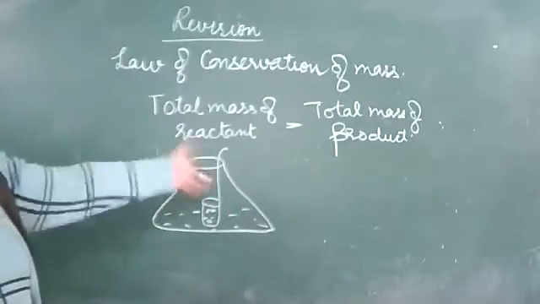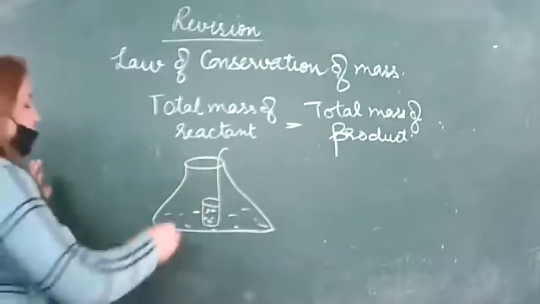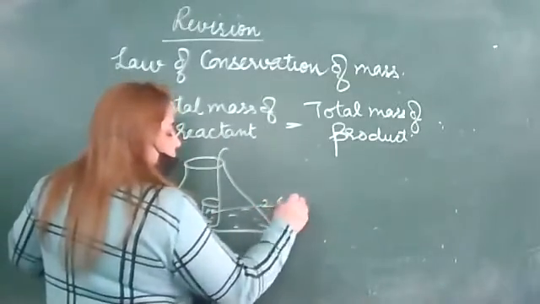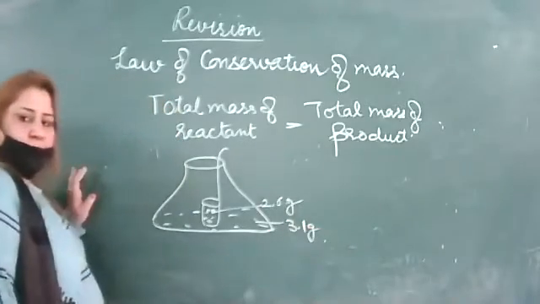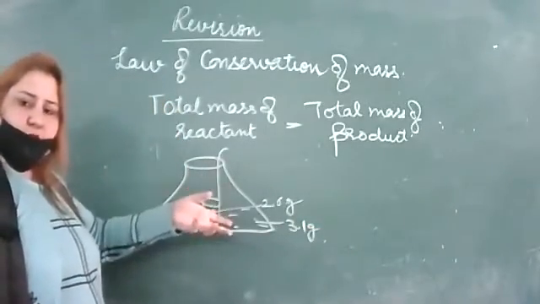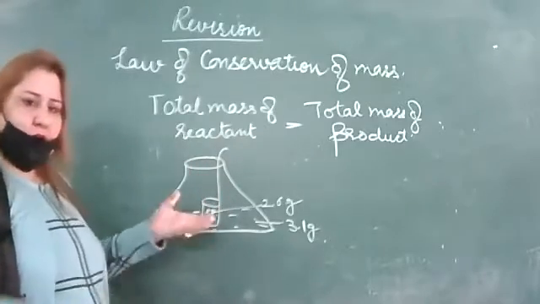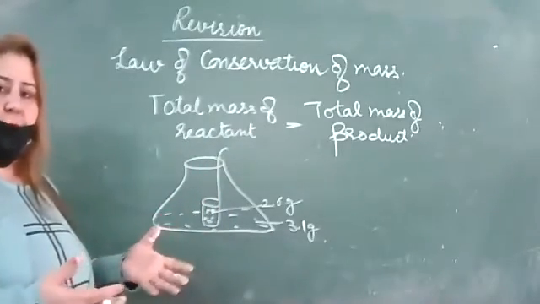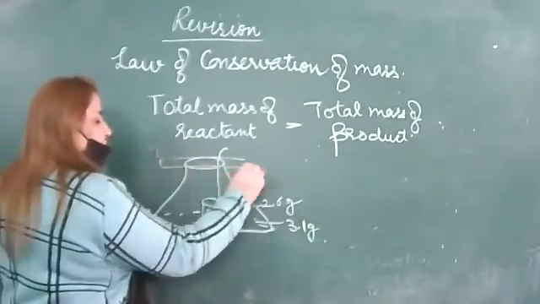Shake it. Suppose there is 2.6 gram of solution here and 3.1 gram of solution here. After the chemical reaction takes place, when we mix it and weigh the solution, cover it so that no gas is released.